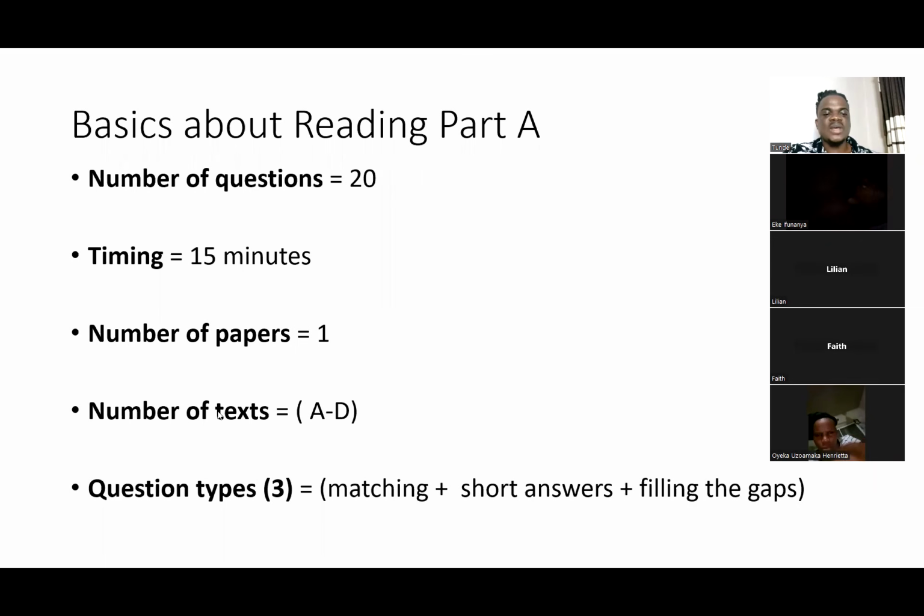Another thing you should also know is that in this reading, you have 4 texts labeled text A, text B, text C, and text D. So there are actually 4 texts you are going to read under part A that very day in order to answer those 20 questions. Now, how are these questions arranged? There are actually 3 question types.